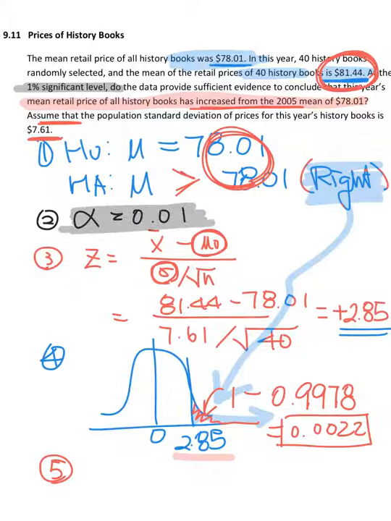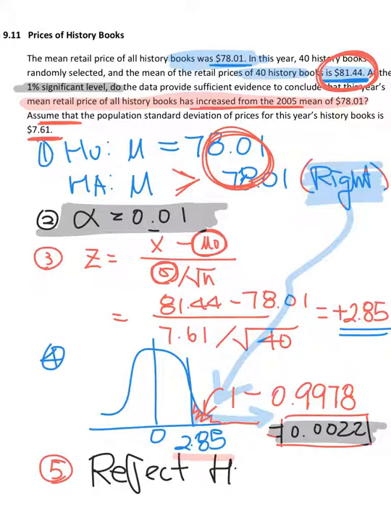Alpha was 1%. Now the p-value is 0.0022. Then I can say the p-value is less than alpha. What will be the decision? Reject the null hypothesis.